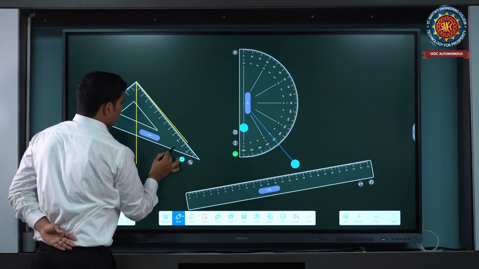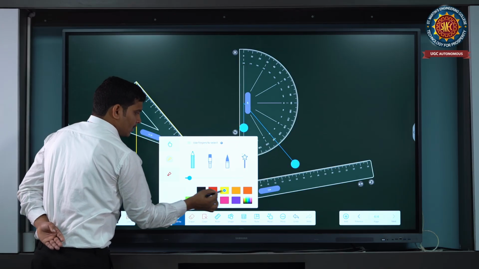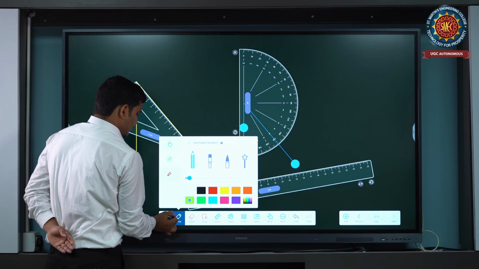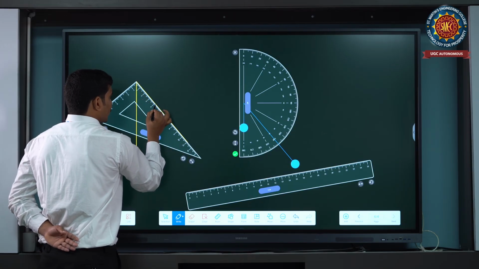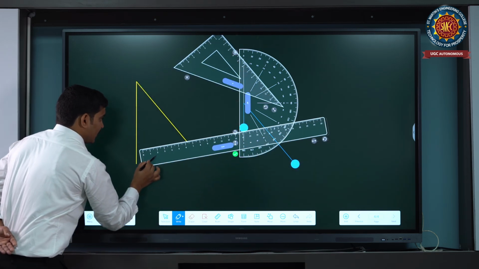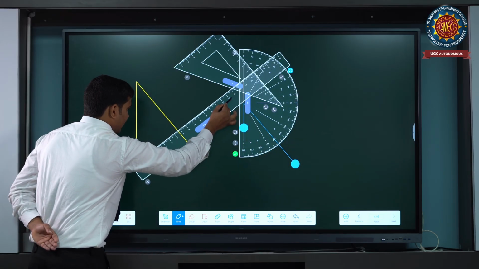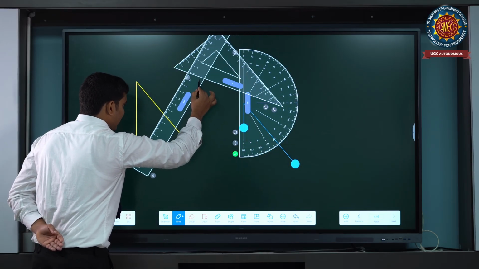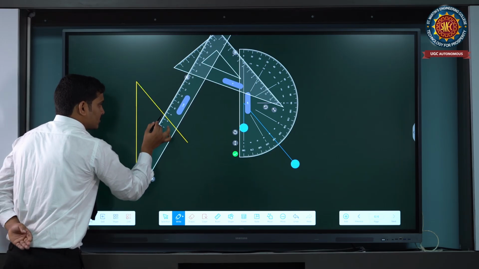This is one of the vertical lines, and we need to divide it into 6 equal parts: the first one, second, third, fourth, fifth and sixth. Finally the same process is applicable, and the last end point is joined to the first line. This is the end portion of the object.